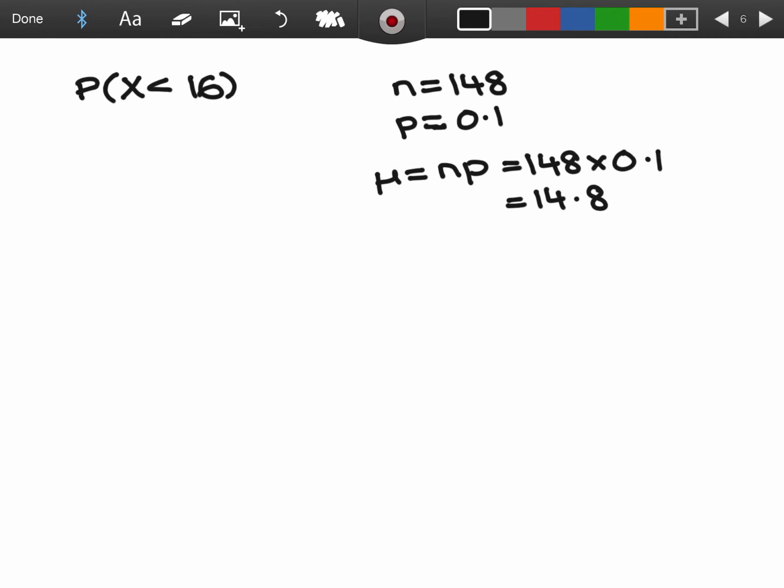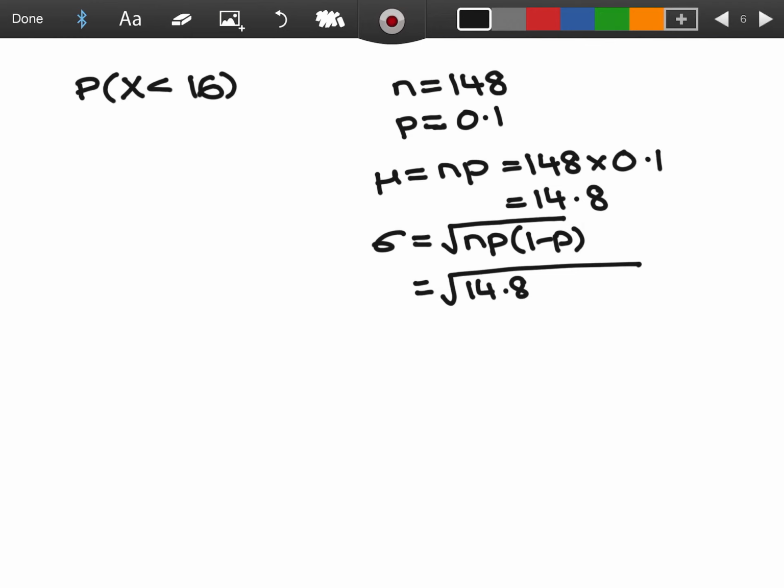The next thing we need is our standard deviation, which is the square root of n times p times 1 minus p. We already know n times p is 14.8, and 1 minus p is 0.9.